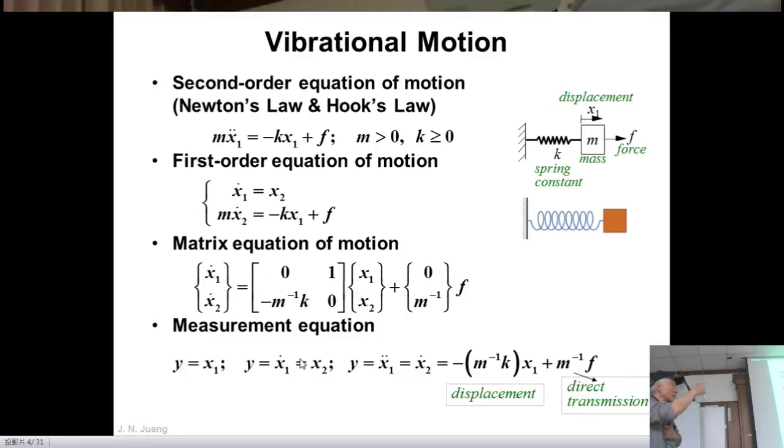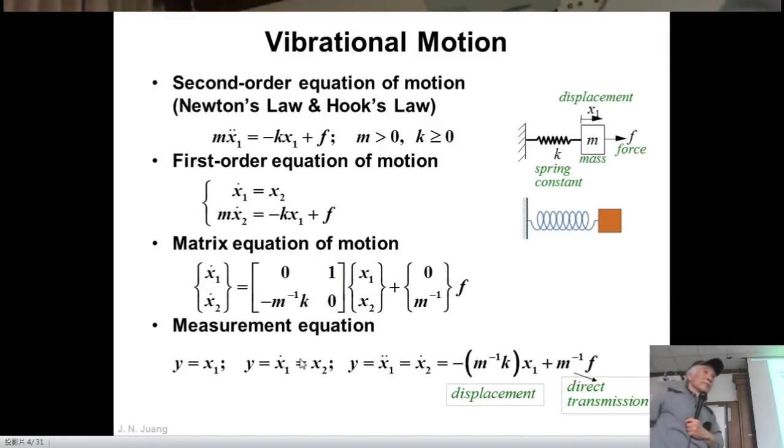Now, the only difference is in the measurement equation. If you use acceleration measurement, then you will have a state term there. In rigid body motion, you don't have a state term. If you have y equal to x1 double dot, for rigid body motion you have only a direct transmission term. But if you have vibrational motion, then in addition to the direct transmission term, you also have a displacement term involved.